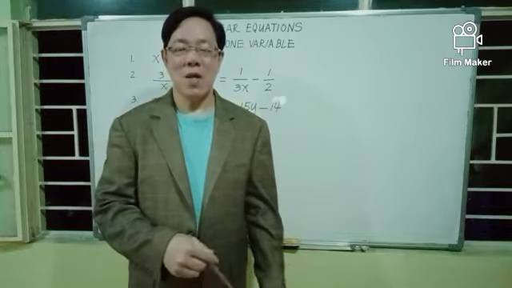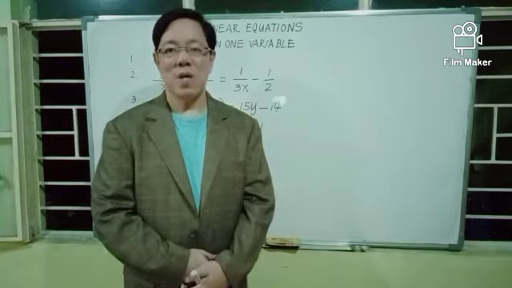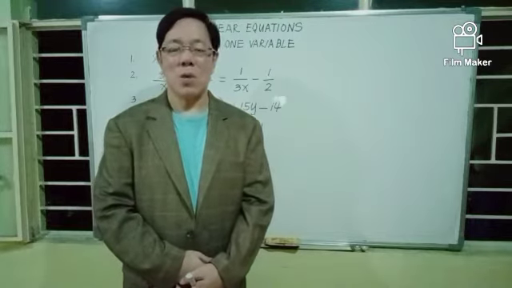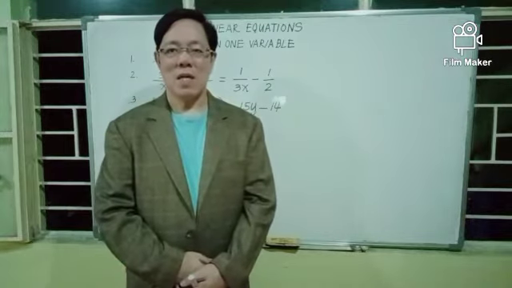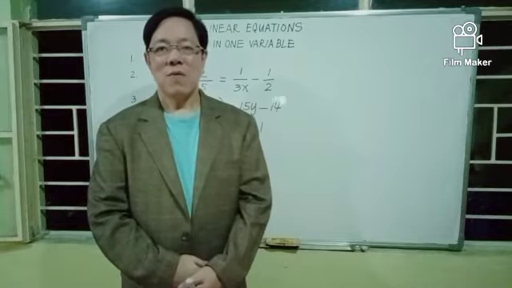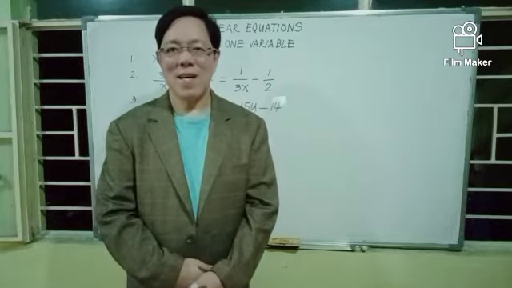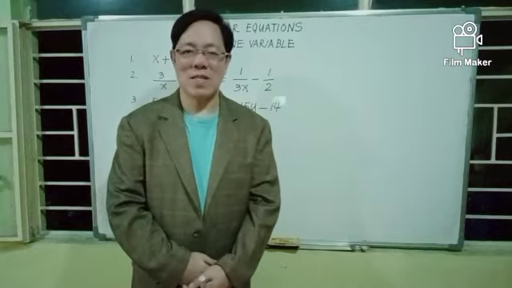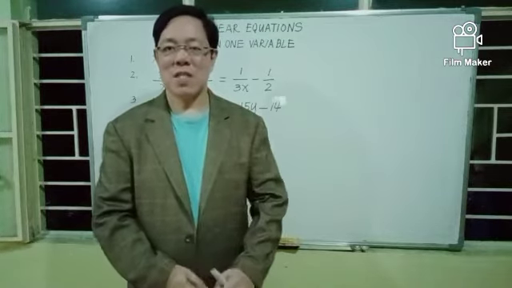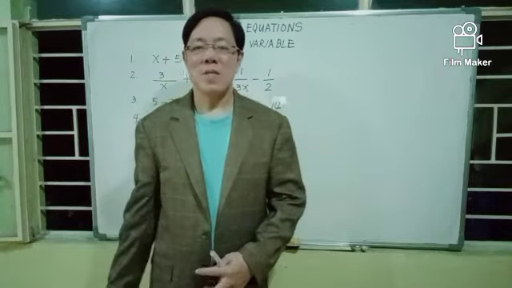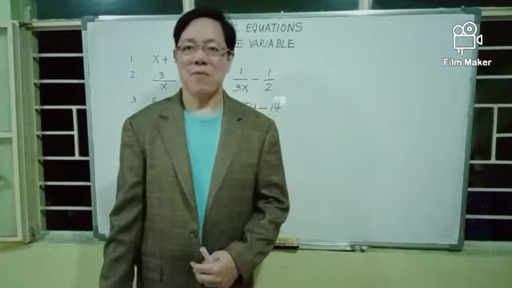For those of you who are interested in the graphs of linear equations in one variable, either in variable x or in variable y, you may see my videos in analytic geometry for lessons in linear equations in one variable and linear equations in two variables in different forms, including the general form or standard form, the two-point form, the slope-point form, the slope-intercept form, and the intercept form.